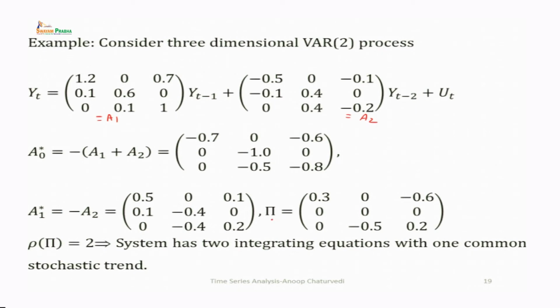Then we calculate the value of pi, which turns out to be 0.3, 0, minus 0.6, 0, 0, 0, 0, minus 0.5, 0.2. So, the rank of pi is equal to 2, you can easily verify it.